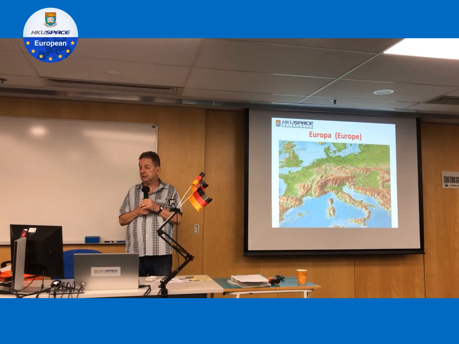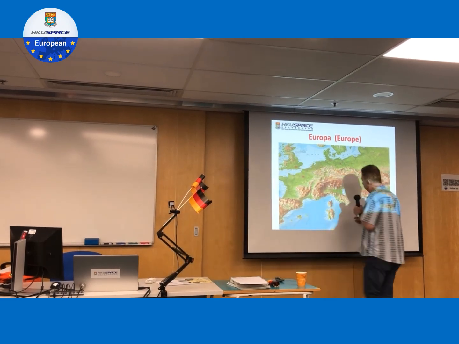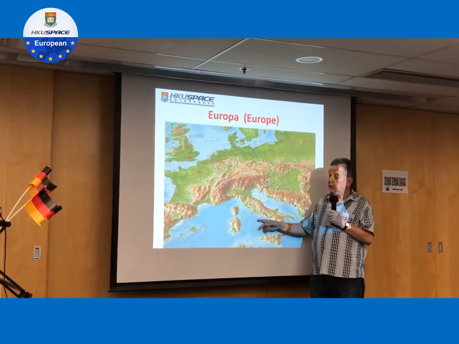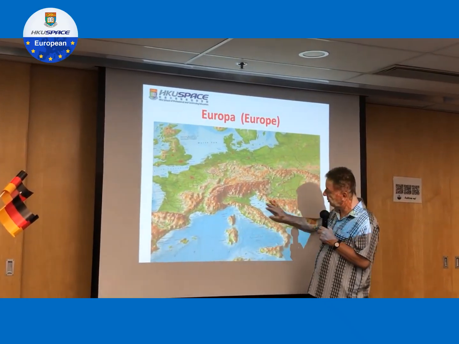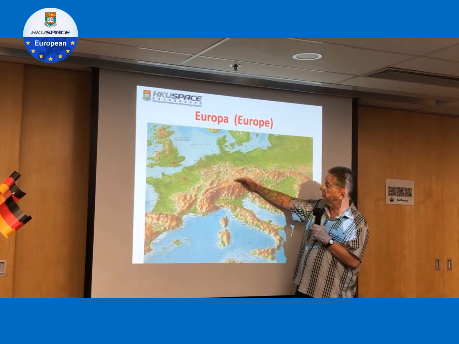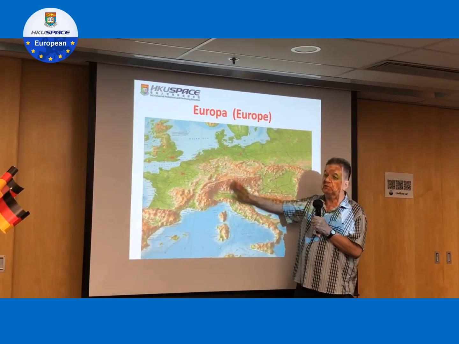Also, when we look at history, we see here the Roman Empire from Italy, starting here from Rome, conquered the whole coast, but to conquer Northern Europe was more difficult for them, because you cannot cross the Alps so easily, right?